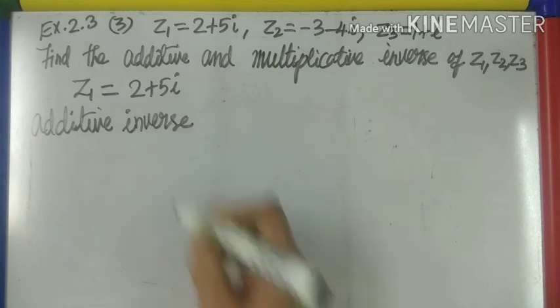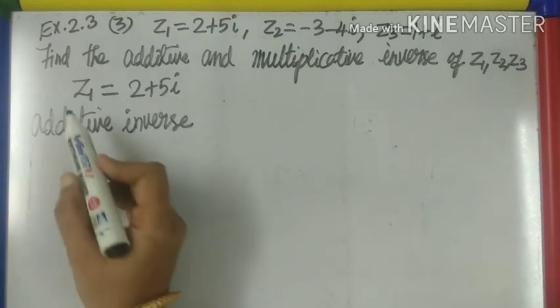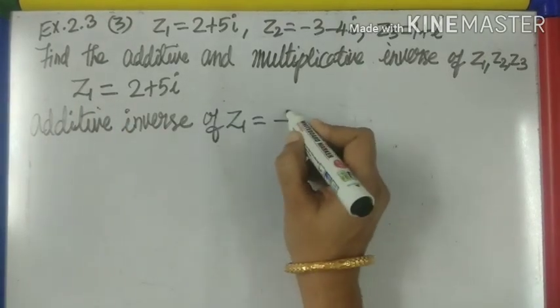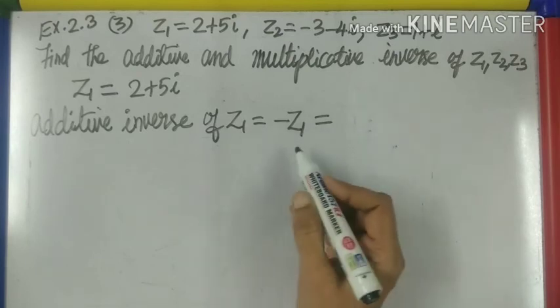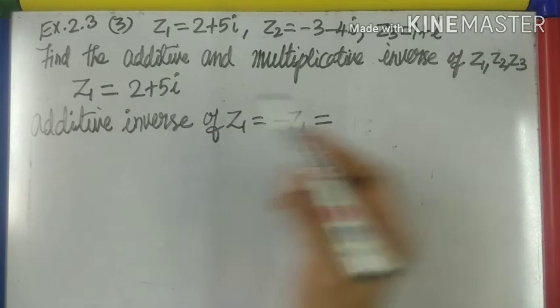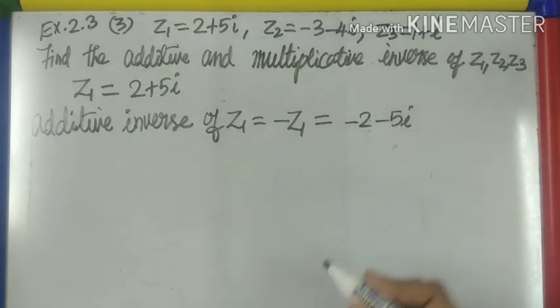Remember, for plus 7, minus 7 is additive inverse. So, for plus Z1, additive inverse means minus Z1. And what do you mean by minus Z1? Just change the symbol for both. It will be minus 2 minus 5i.